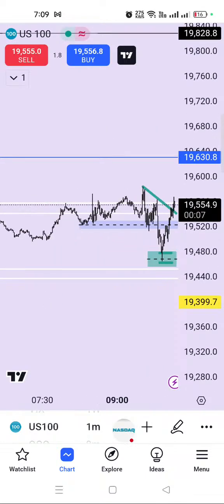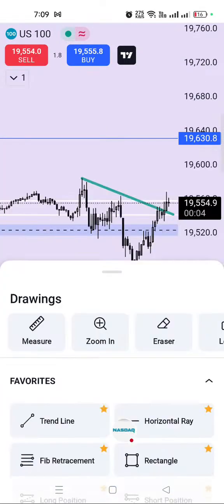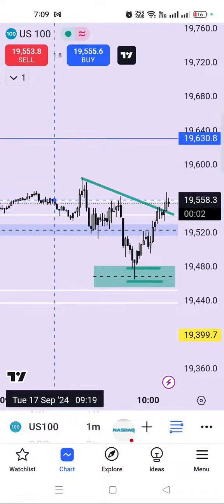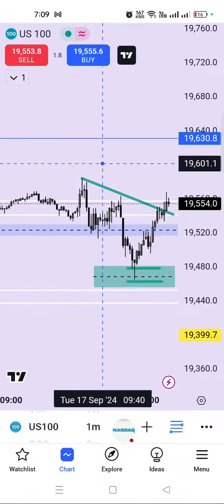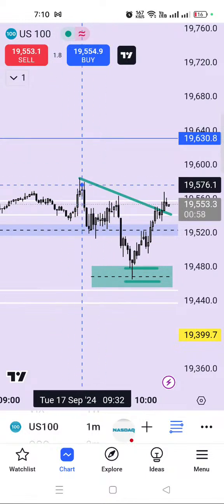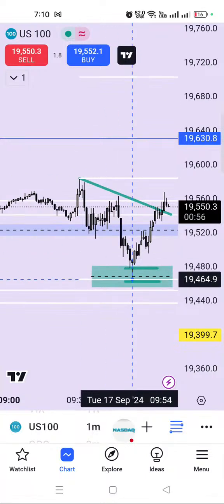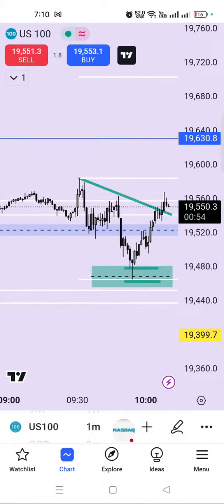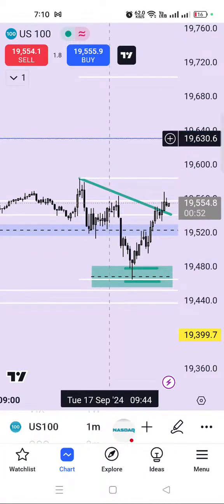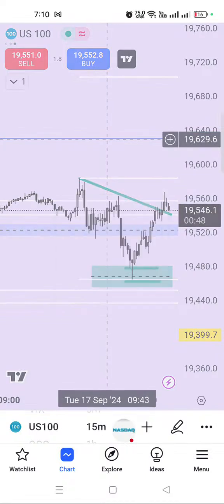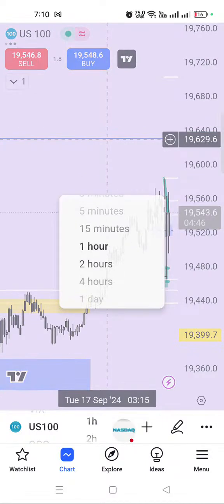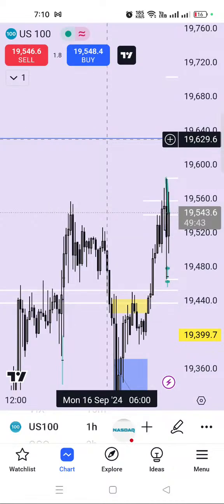So, if we take a standard deviation of this point, the first area of interest is 629. Don't get fixated on the target because we just opened up.